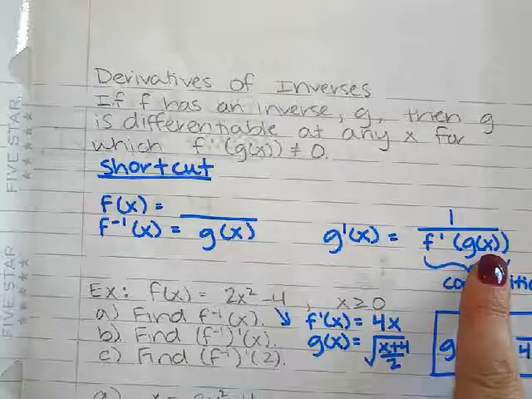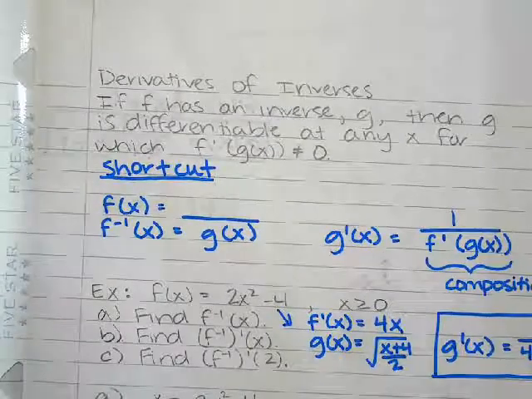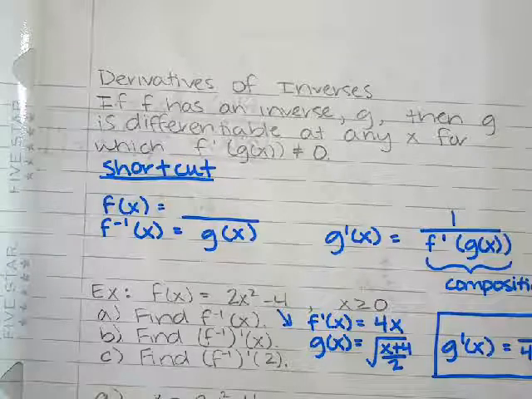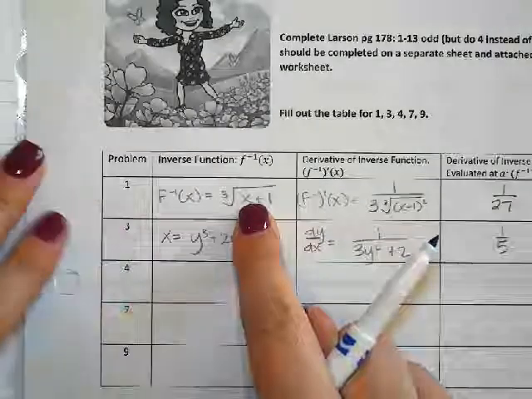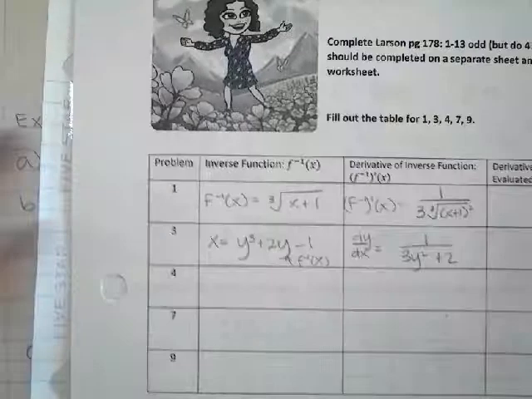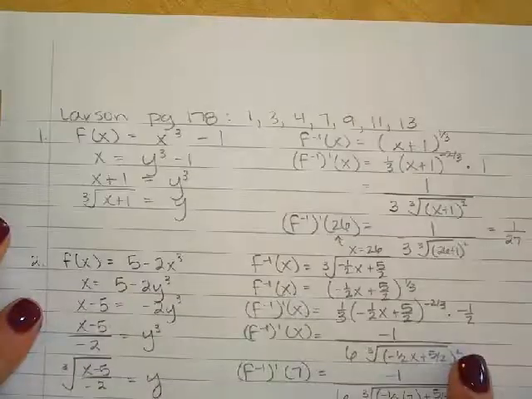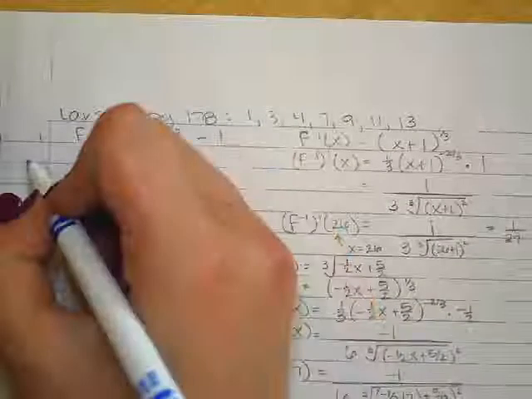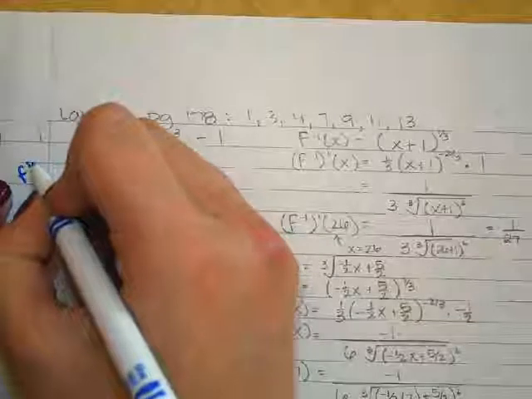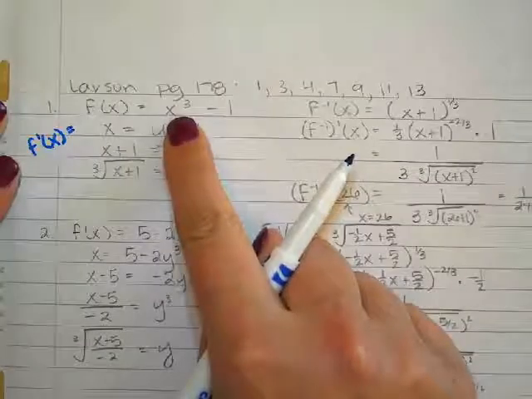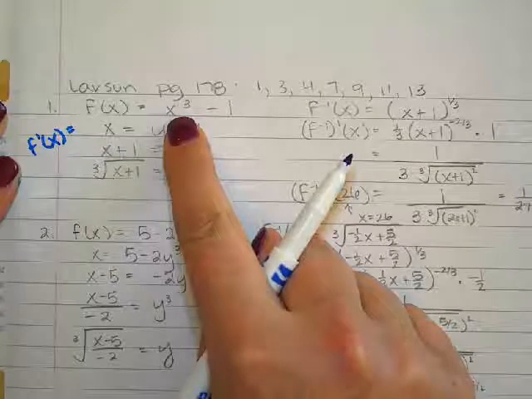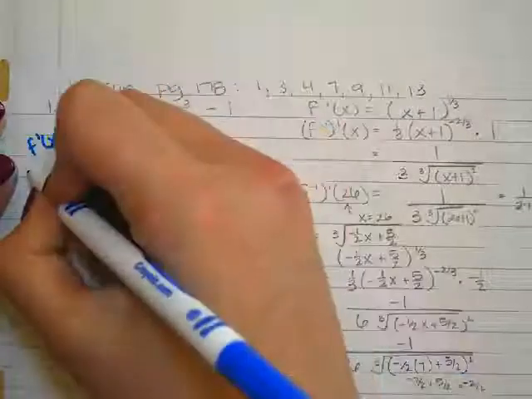Okay, so what I would like for you to do is go back to this right here. Maybe just next to problem number 1 on your paper, I just want us to go back through and practice that shortcut. So maybe right here I'm going to say f prime of x is 3x squared.